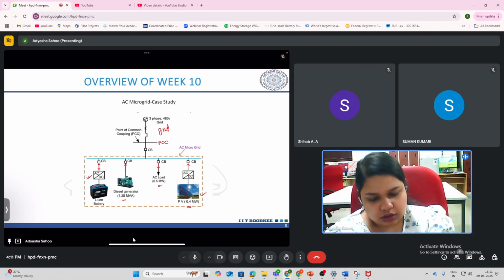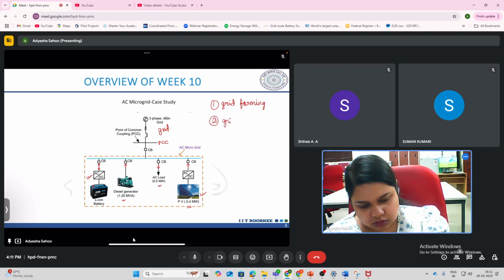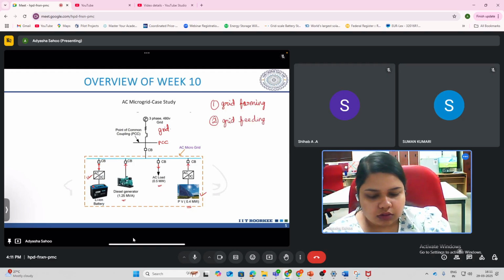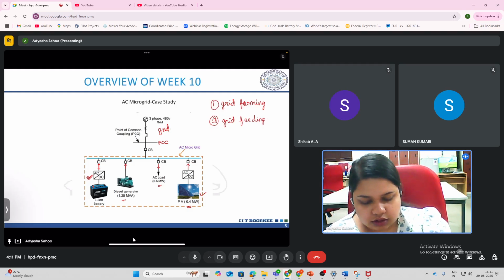If you remember in the earlier lectures, we had studied about the grid forming and grid feeding inverters. Now, since this is a grid connected setup, all these converters connected with the battery or the PV require reference signals to function. So they require P and Q reference signals.